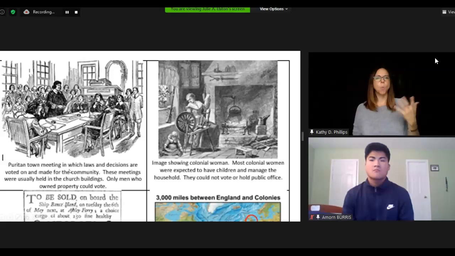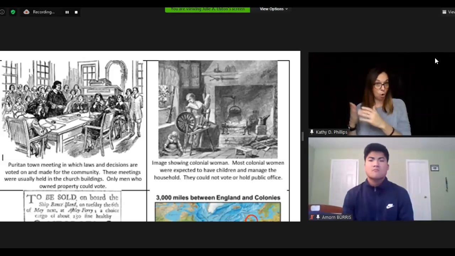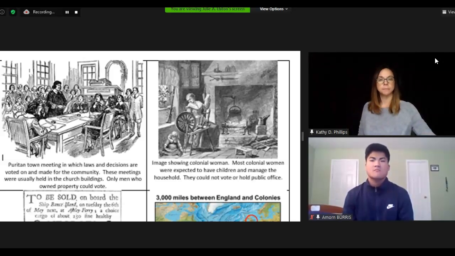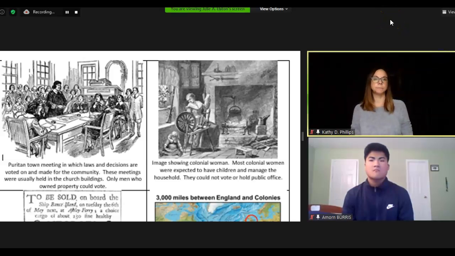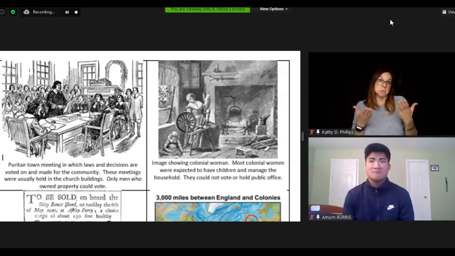But what about the idea that in general, the property owners of the town are making the decisions for how their town will run? Could we argue that's an element of democracy? Maybe. I think you could.